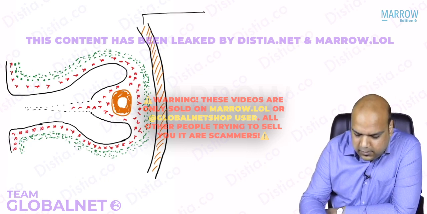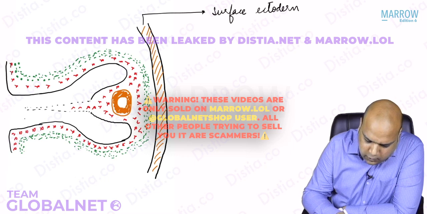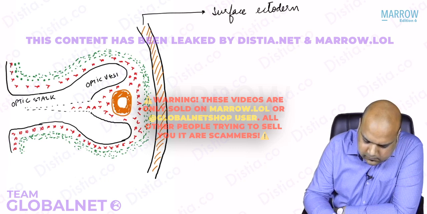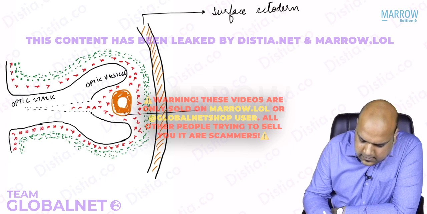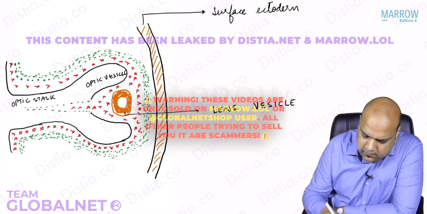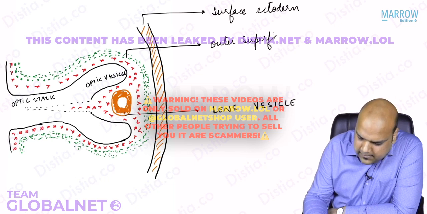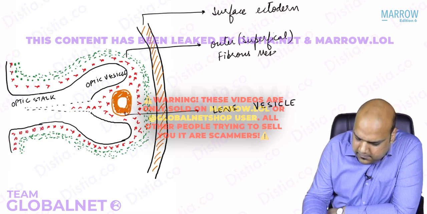Okay. Now if we see this in the image, everybody, I hope you understand the image. This is your surface ectoderm. Okay. This is your optic stalk, optic vesicle. This is your lens vesicle. Now this green colored layer, this is your outer superficial fibrous mesenchyme.